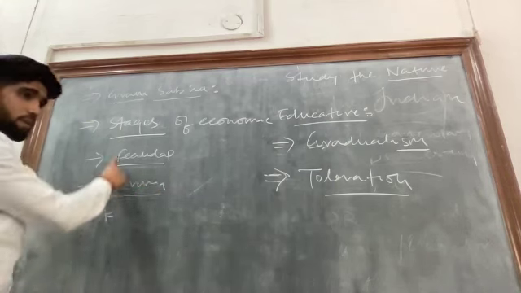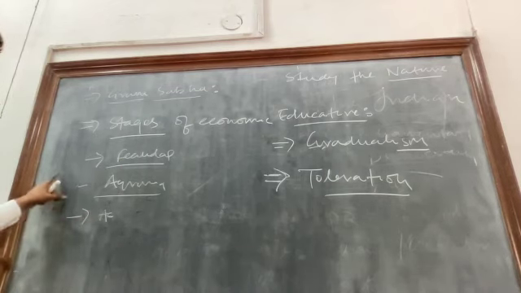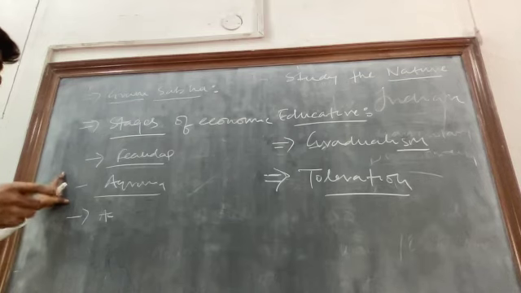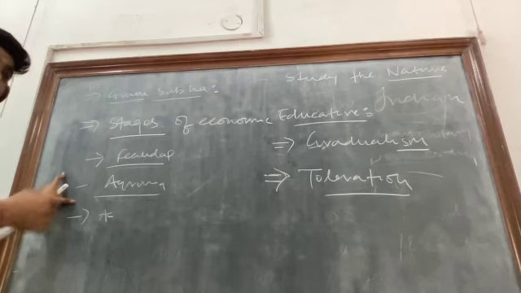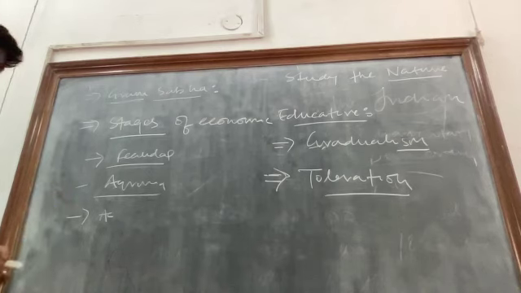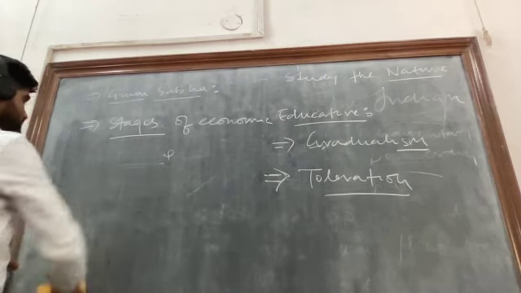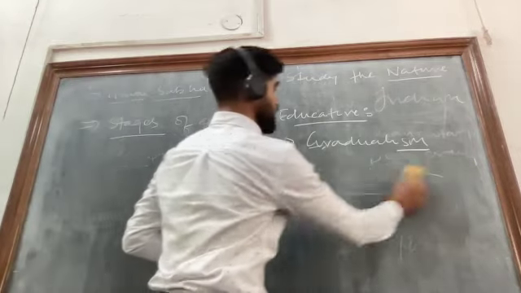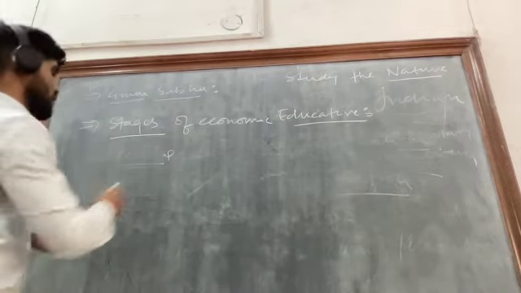The state accumulates some capital by taxation, and then either it gives that money to a particular individual in a capitalist framework to invest and to generate industry, to establish industry, or the state itself engages in that kind of activity. For example, as was the case in India, wherein after the independence period, if you focus, we established heavy industries and so on, and it's a planned economy we followed.